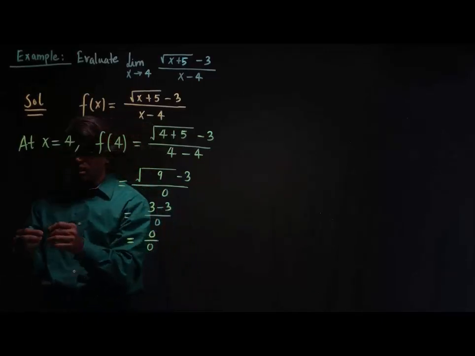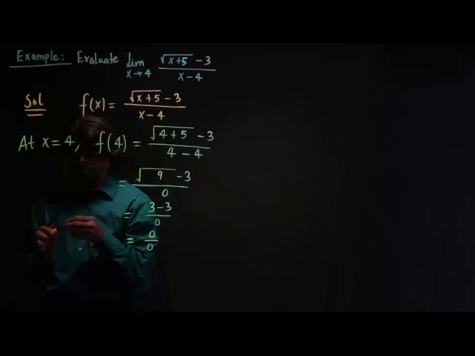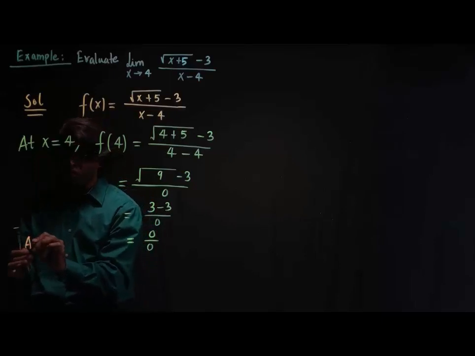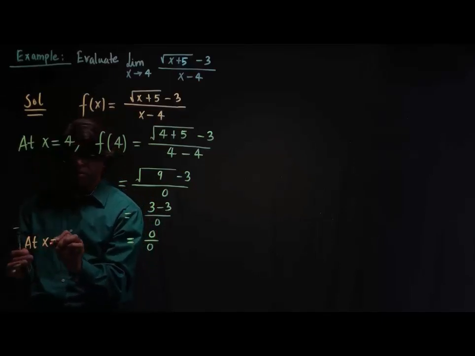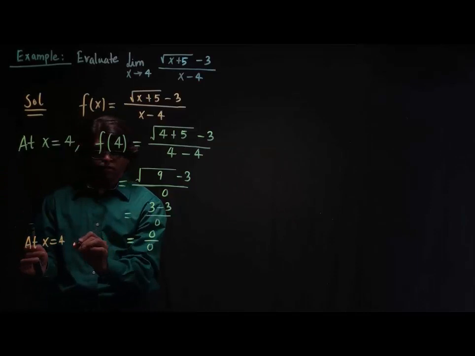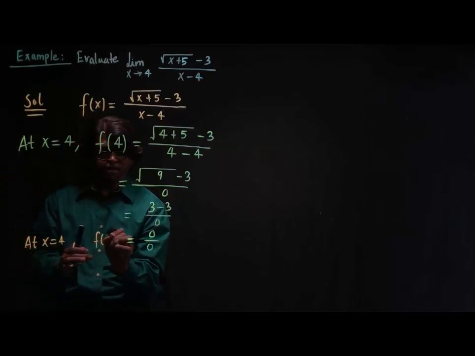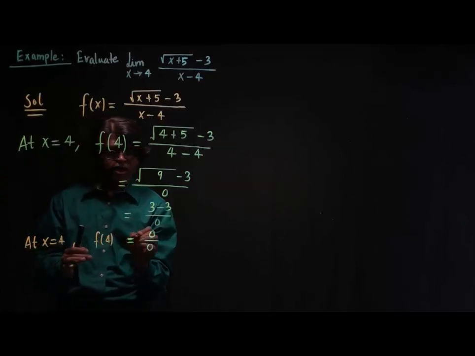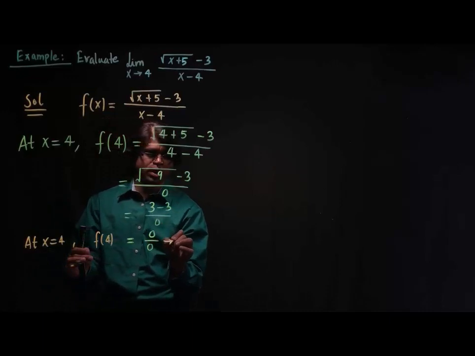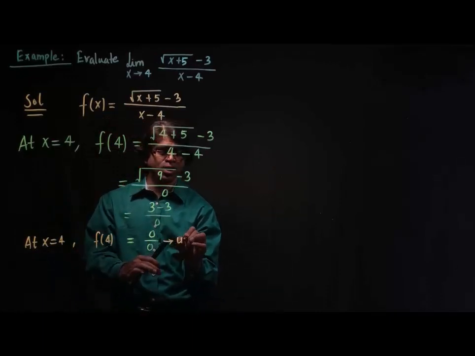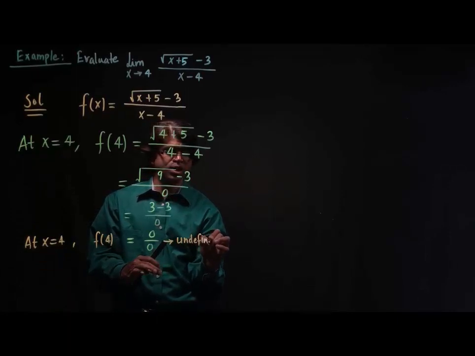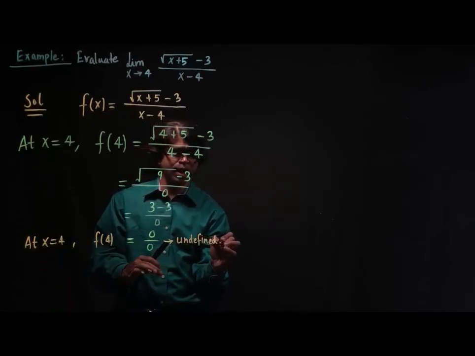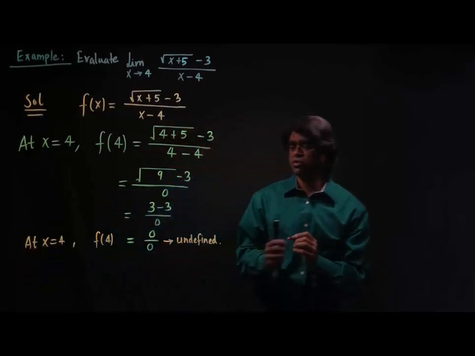So at x equals 4, f of 4 is 0 over 0, which means undefined. The function is undefined at x equals 4.